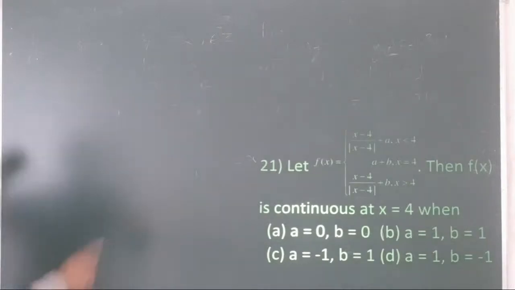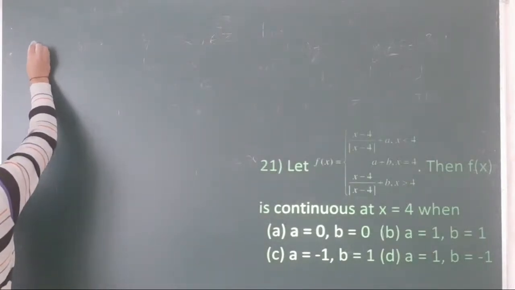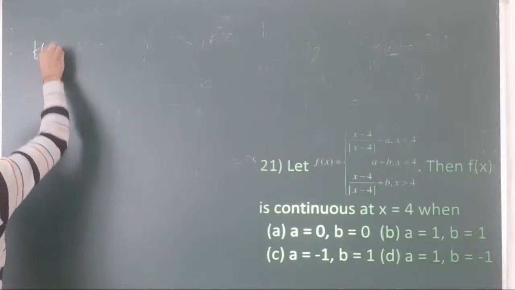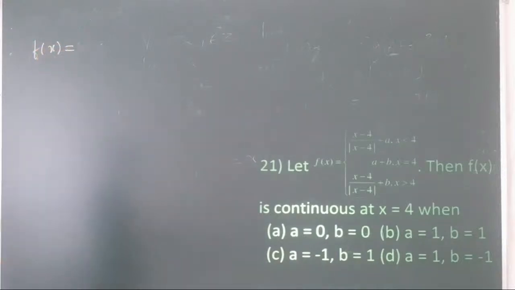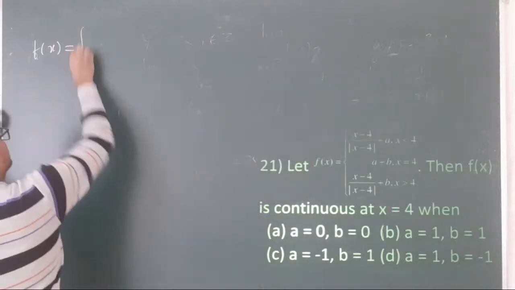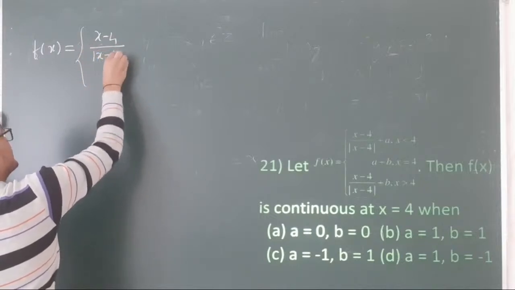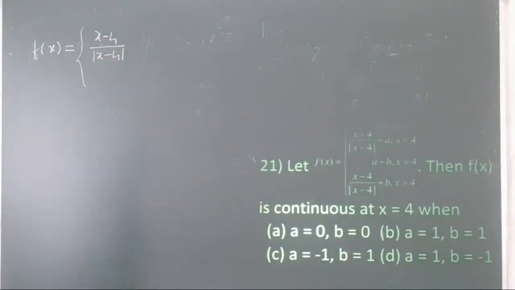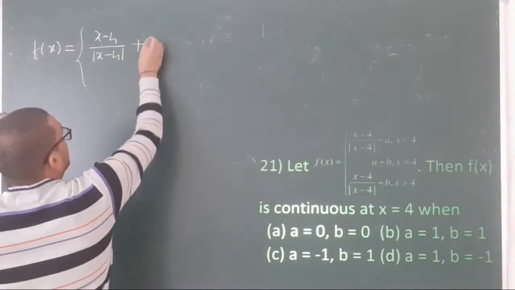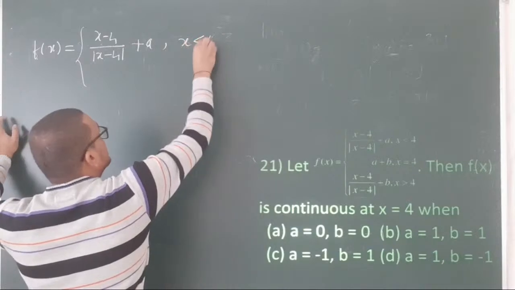I'll write the question, it's not visible. f of x is equal to x minus 4 upon modulus of x minus 4 plus a, when x is less than 4.